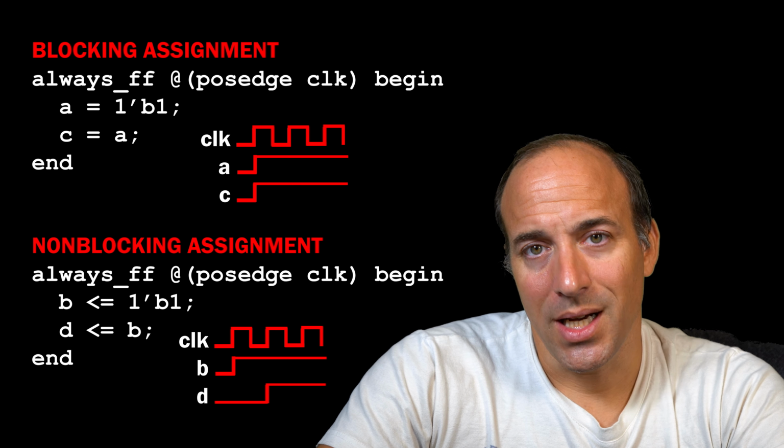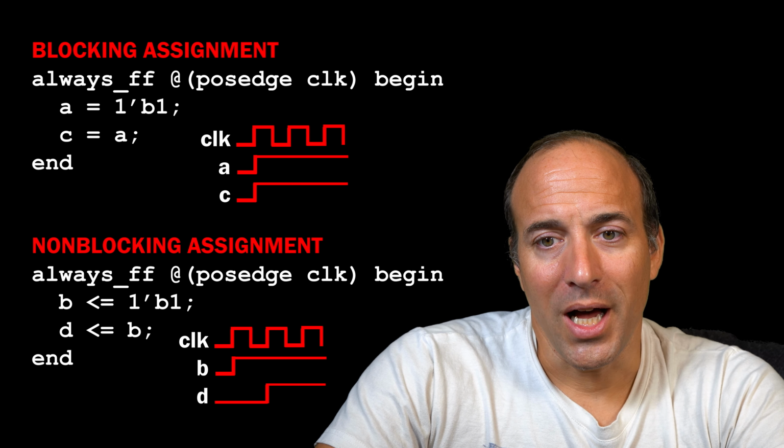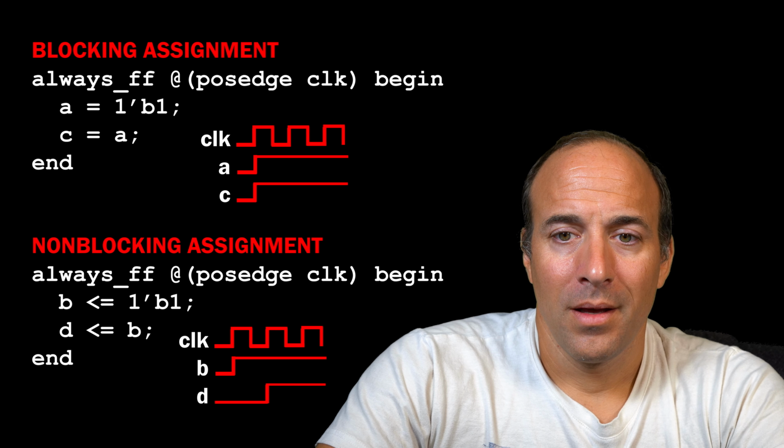Non-blocking assignments are not visible to the process until the next activation. So in other words, with a blocking assignment the assignment takes effect right away, whereas a non-blocking assignment doesn't take effect until the next time the always block is activated.